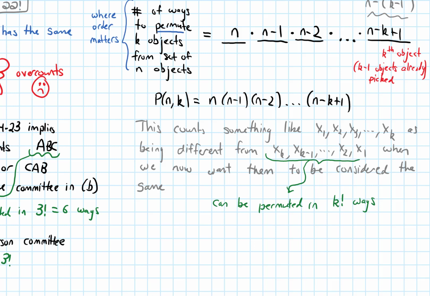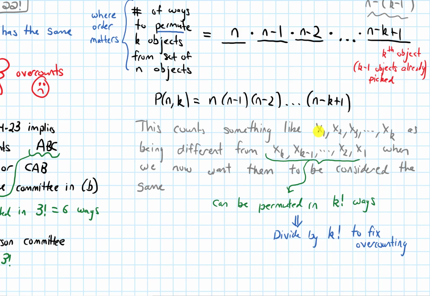And as we saw in the last video, the way we're going to fix our initial count, this formula that we had for the number of permutations, to get the number of combinations where the order doesn't matter, is we are going to need to divide by k factorial to fix the overcounting.